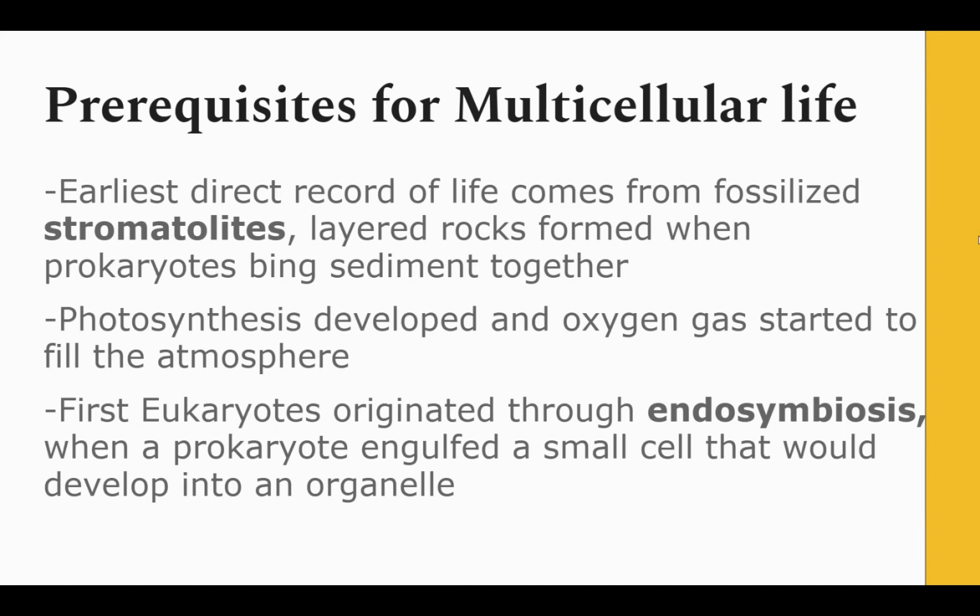Photosynthesis oxygenated the atmosphere. And from there, we get the first eukaryotes through endosymbiosis, right? We talked about endosymbiotic theory way back when we talked about cell biology, and how somewhere there was a cell that was really good at cellular respiration, breaking down sugars, or photosynthesis, right? Plant cells.